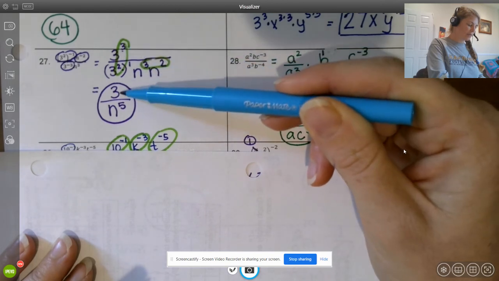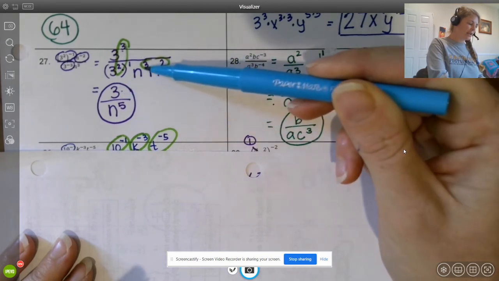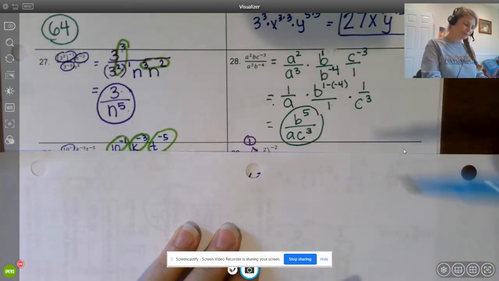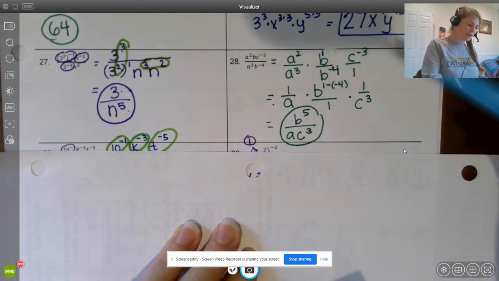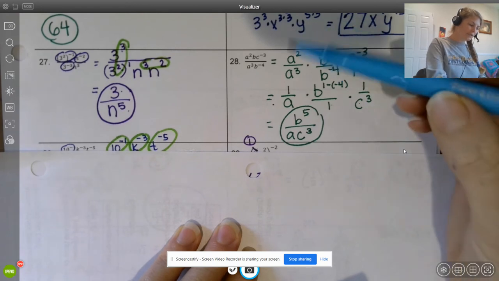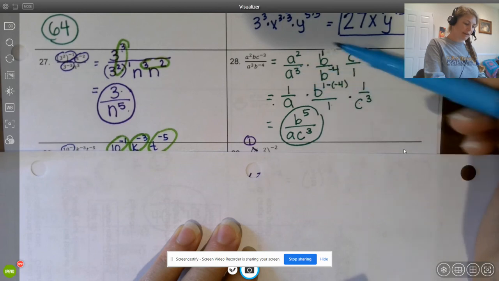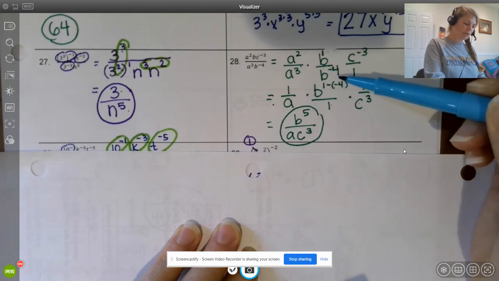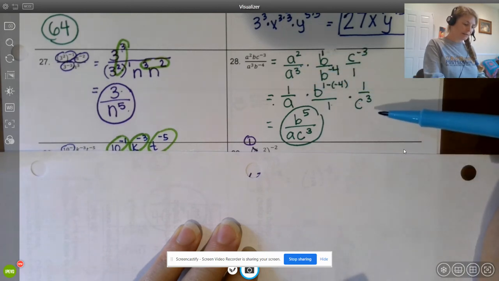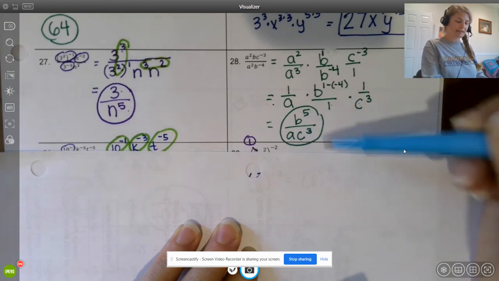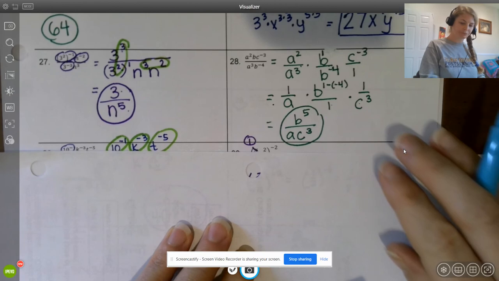I'll have one factor 3 left in the numerator, and a total of 5 factors of n in the denominator. 28, I noticed I moved around. Well, first I split them into fractions with the same bases, and then I moved around my exponents, and I got b to the 5th over a, and then c to the 3rd power.